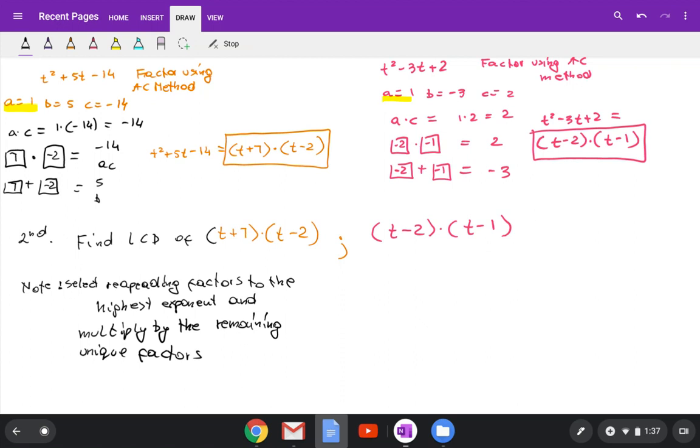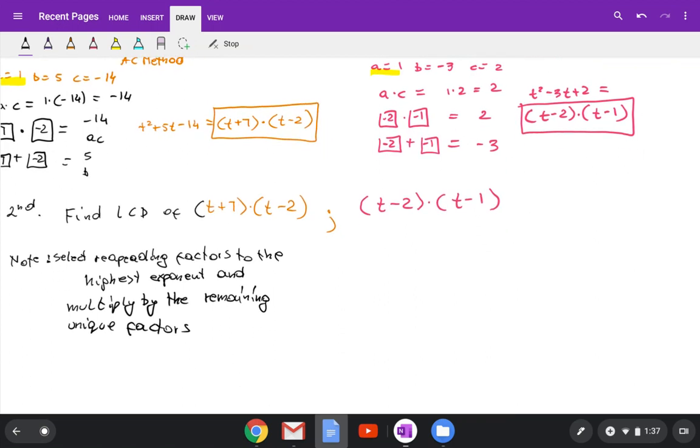So this is how I find the LCD. So let's see the factors which repeat. What repeats? t minus 2 and t minus 2. Since you don't see the exponent, that means they both are raised to the power of 1. So we just copy this once to the power of 1. The rest of the factors don't repeat, so you just copy them.